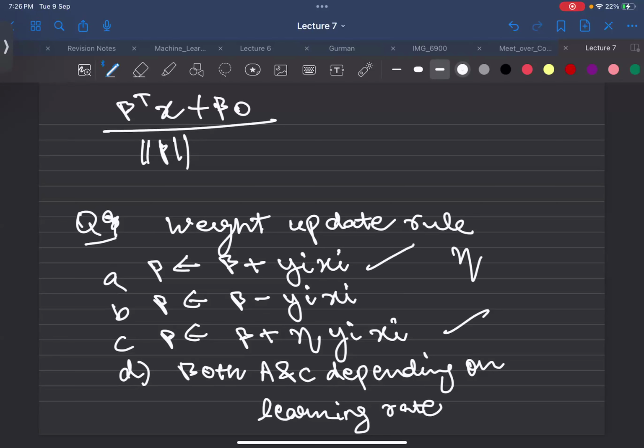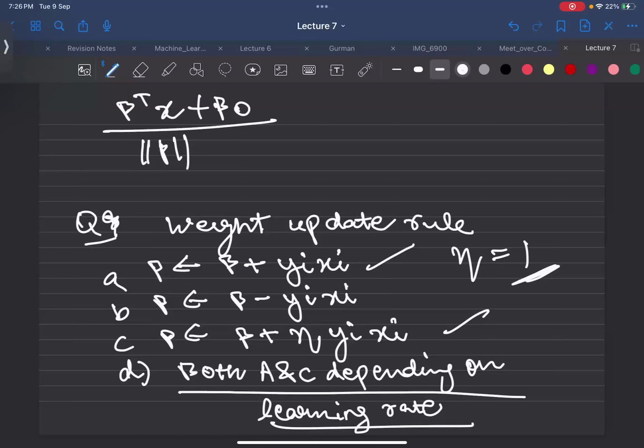This is also correct if the learning rate is equal to 1. And this D option says both A and C depending on the learning rate. So the answer is D. Jyoti, the answer is D. Basically, that's what the plus sign is there. But the learning rate is missing. But if the learning rate is 1, then A is also correct. So that's why the answer is D. Both A and C depending on the learning rate. Fine.